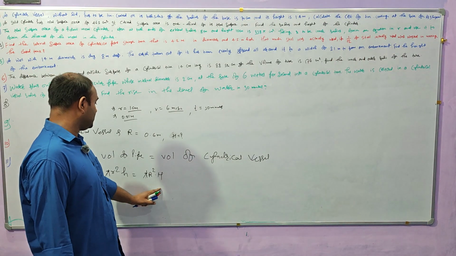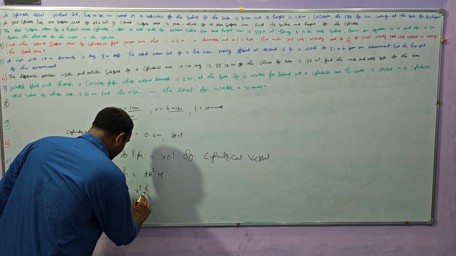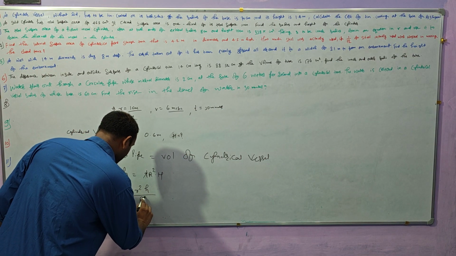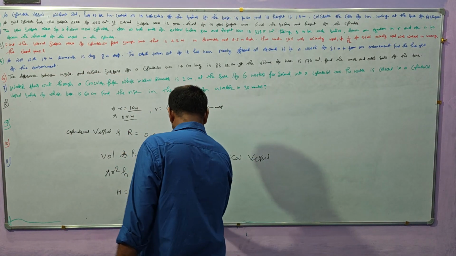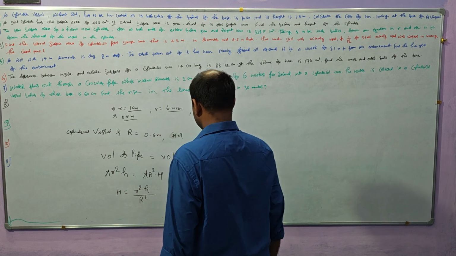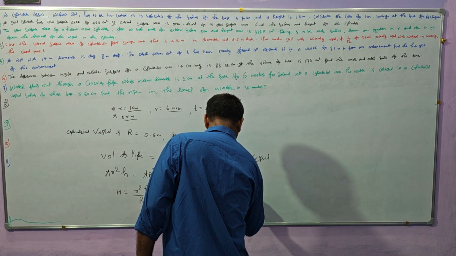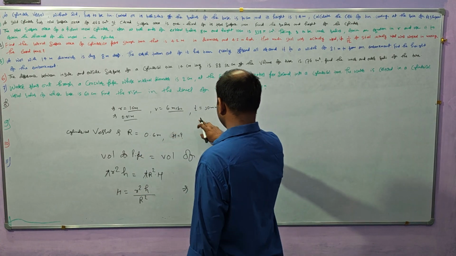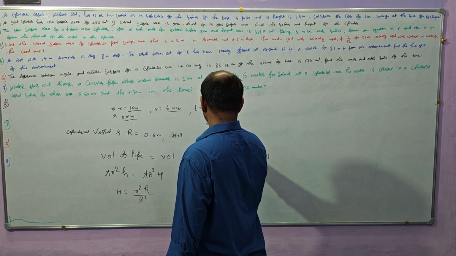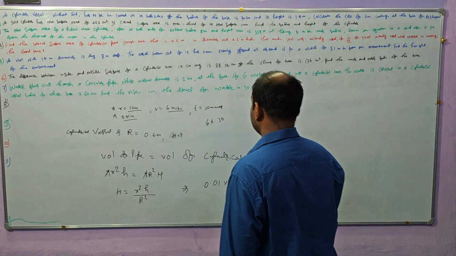So h becomes r square into h upon r square. So we get 0.01 into 0.01, and it becomes 6 into 30 minute.